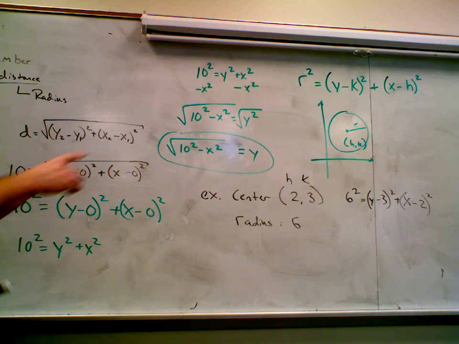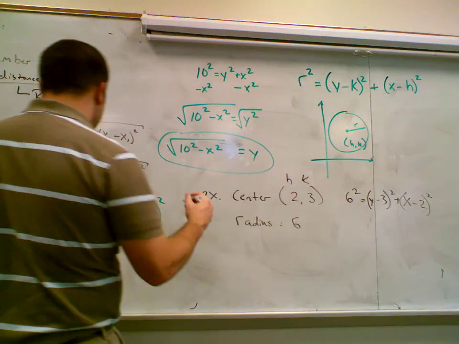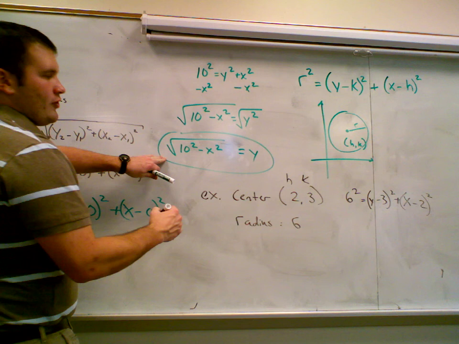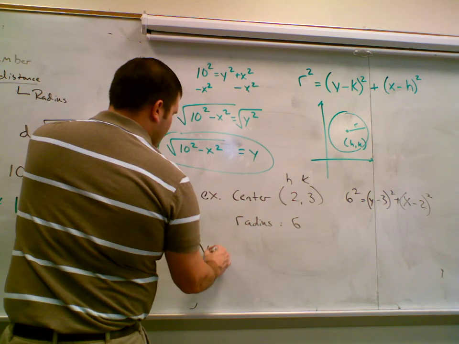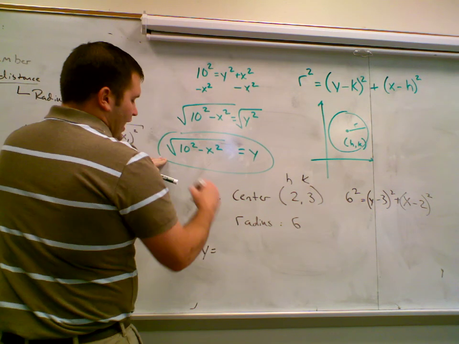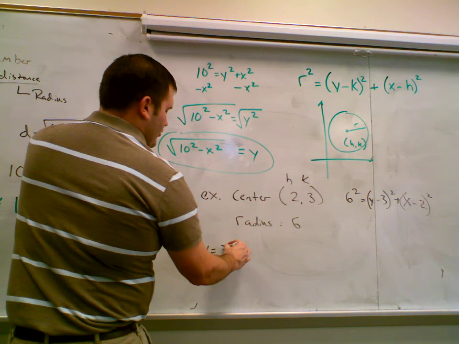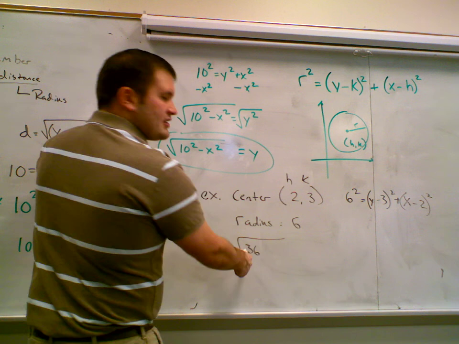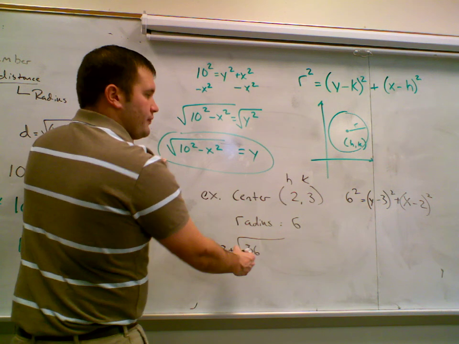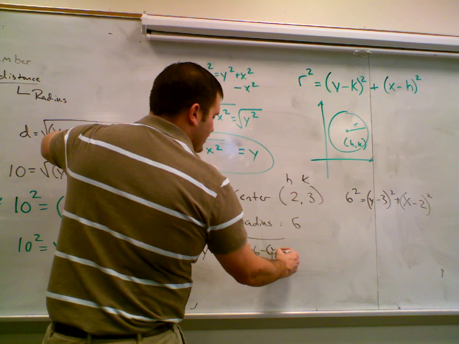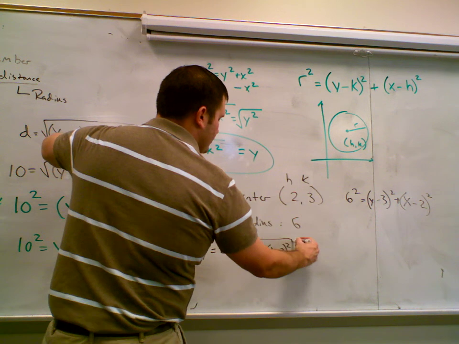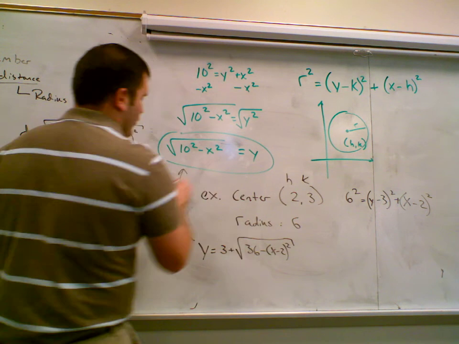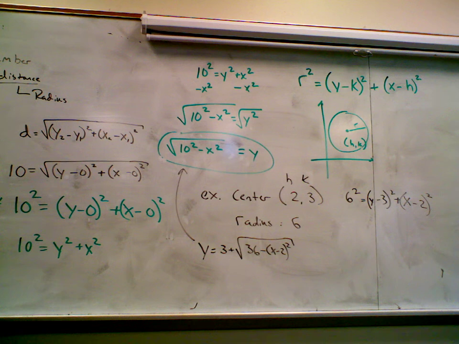Okay. Now I can rewrite that equation like this. I can rewrite it in the same form, and we're not going through how to do this just yet. It's going to be 3 plus the square root of 36, because that's 6 squared, right? Minus x minus 2 squared. Okay? That's in this format. So if you don't believe me that this is going to move our circle, take your calculator out.